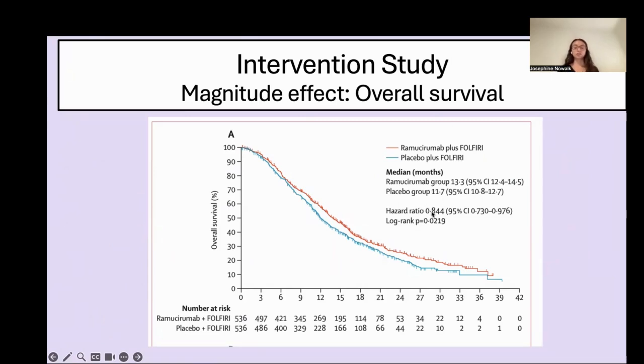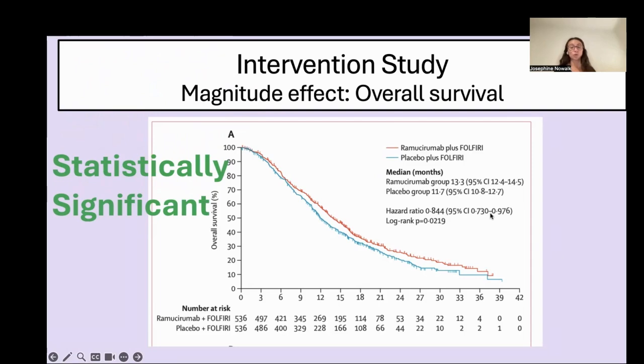And we can see that the hazard ratio was 0.84, which is below 1, indicating that the ramucirumab treatment did work, increasing their overall survival versus the placebo. And we can see that this magnitude of effect is statistically significant because it does not include 1.